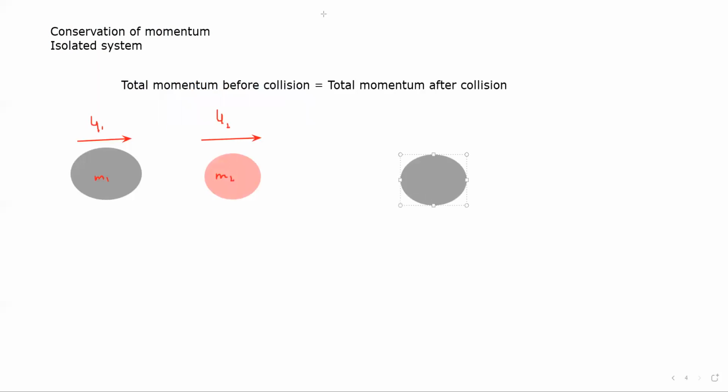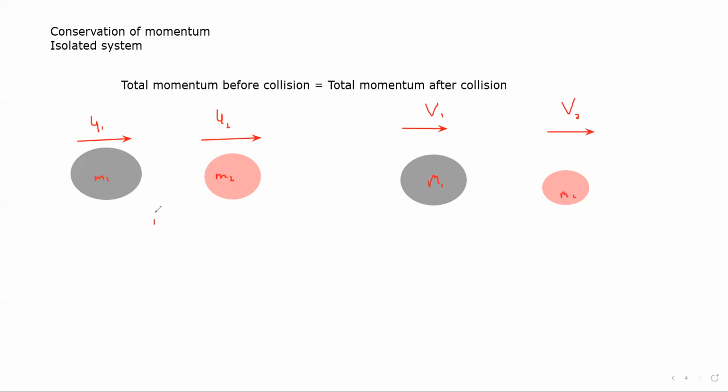The masses will not change, but sometimes the objects may stick together. Sometimes one object might be stationary while the other is moving. Sometimes they might change direction. If they change direction, then I should use a negative sign for the change in direction.